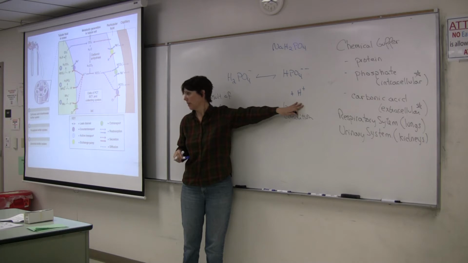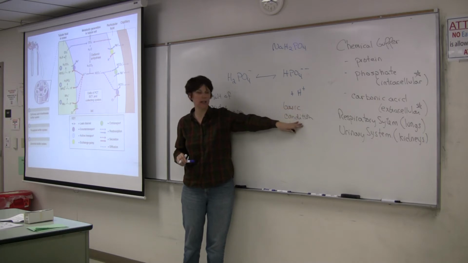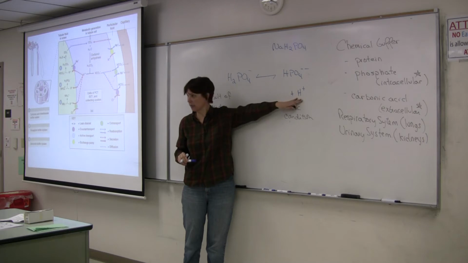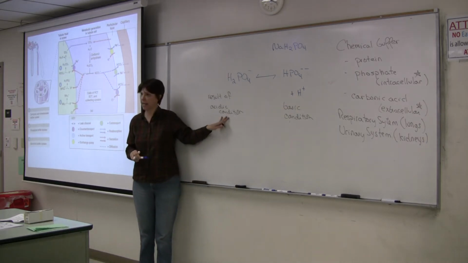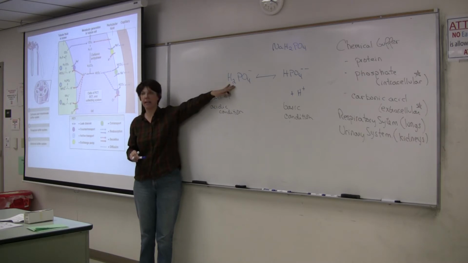Okay? So when there's not enough hydrogen ions and it's in a basic condition, we release hydrogen from our buffer. When there's too many hydrogen ions, when the pH is too low, we bind hydrogen ions to our buffer.